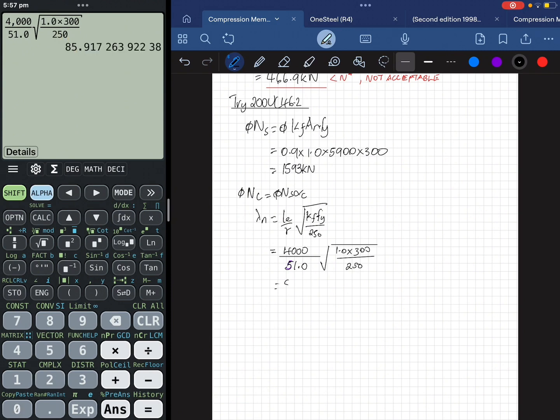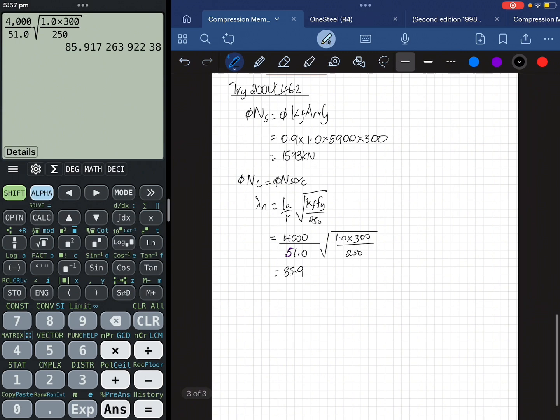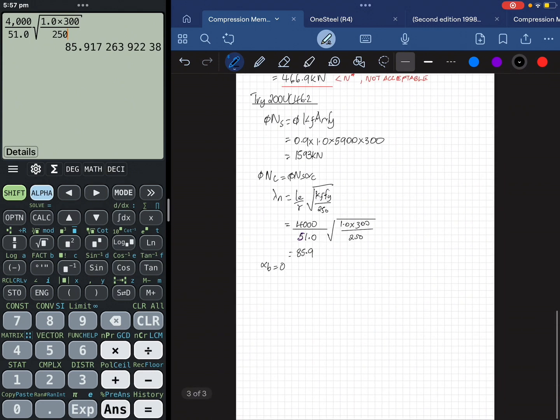That gives us 85.9. And alpha b is not going to change, it's still 0 because our section is still hot rolled and still has a flange thickness of less than 40.